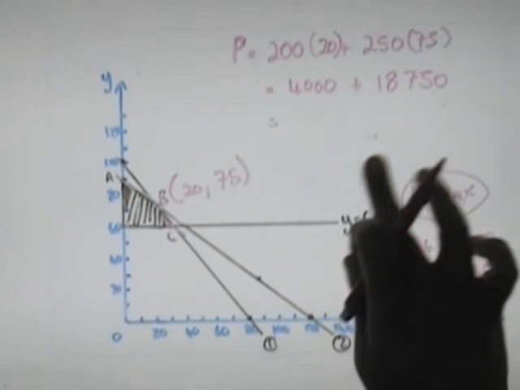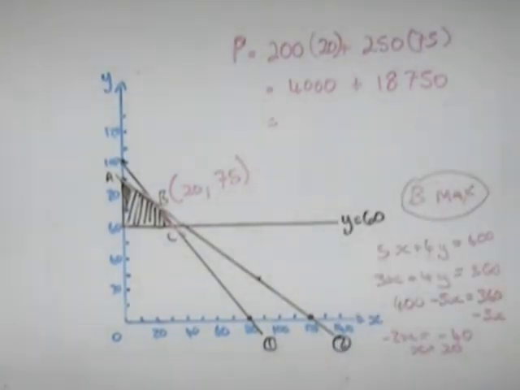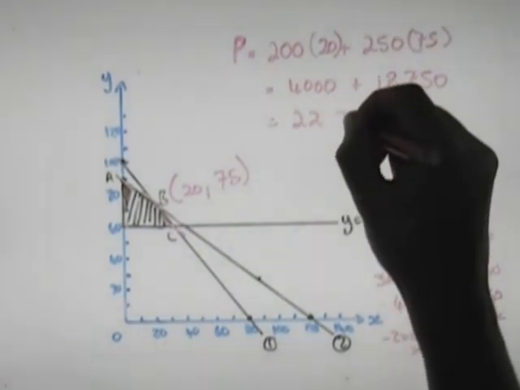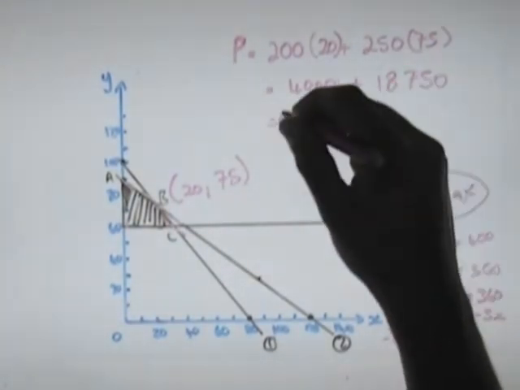That means that my maximum profit is going to be given by 22,750 Rand.